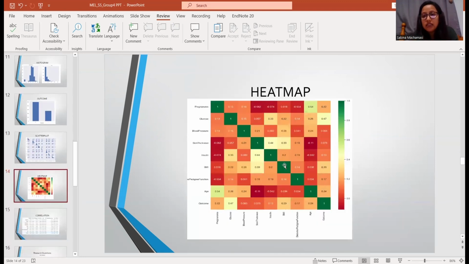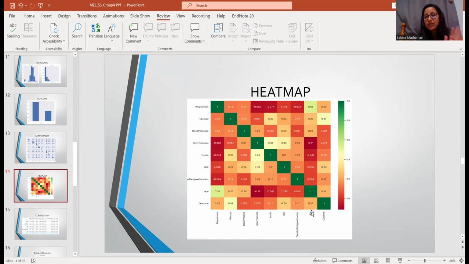The next one is the heat map. Heat map is one of the simple things to understand as it gives the numerical value and the correlation values. By using the color indication, the greener the side, the more correlation there is. If the number is towards the green side, there are more correlation values. If you see the pregnancy, the greenest side is 0.54, which is related to age.